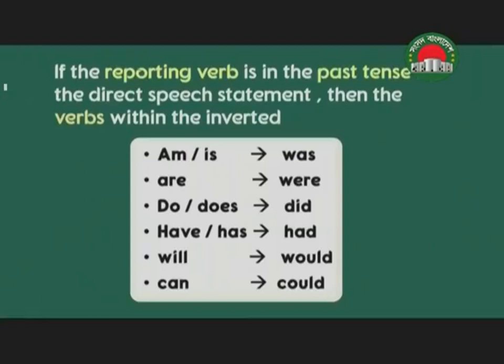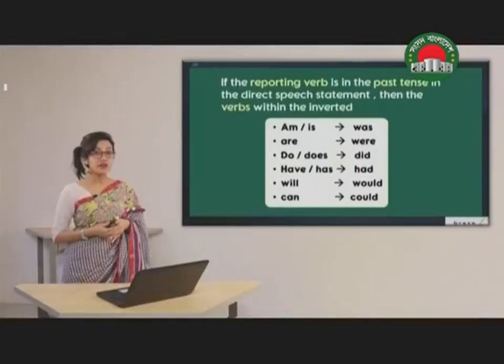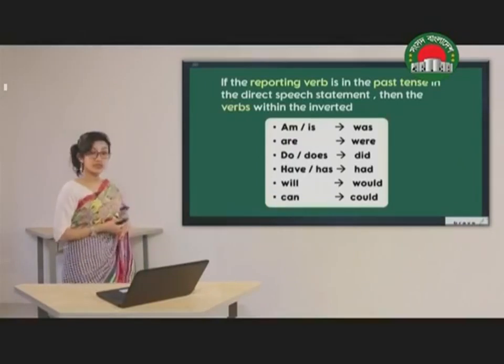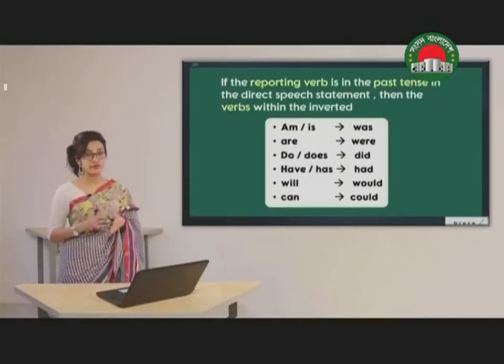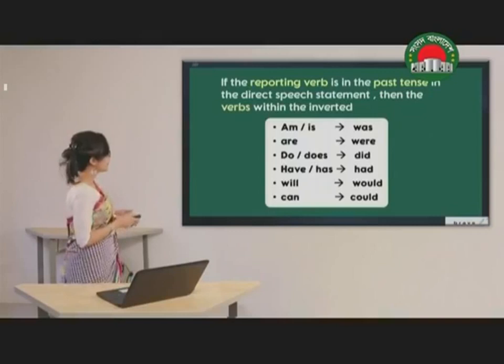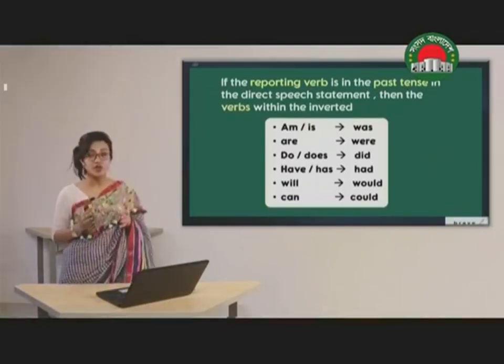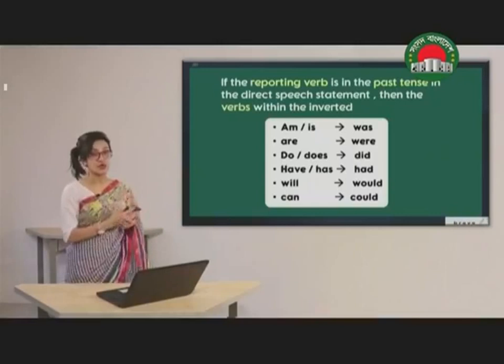Now what happens if the reporting verb is in past tense? If the reporting verb is in past tense, there are some changes that you have to follow. What are they? As you can see, if the reporting verb is in past tense in the direct speech statement, then the verbs within the inverted commas are going to be changed as follows.